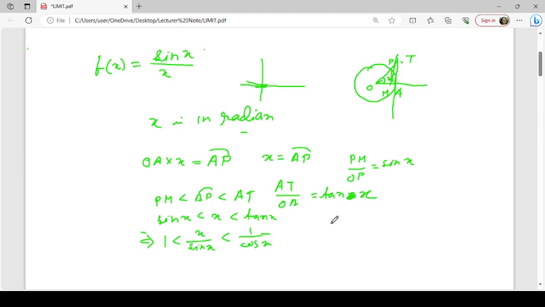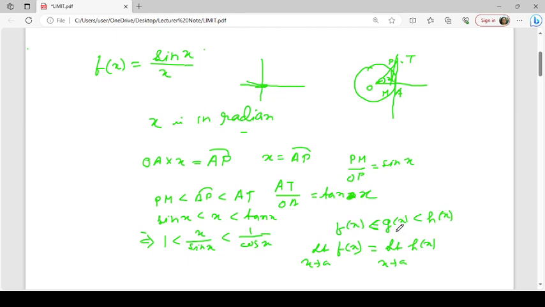Now here we apply a theorem. Suppose three functions are there, f(x) strictly less than g(x) less than h(x). If the limit of f(x) as x tends to a is equal to the limit of h(x) as x tends to a, then g(x) is lying between f(x) and h(x).